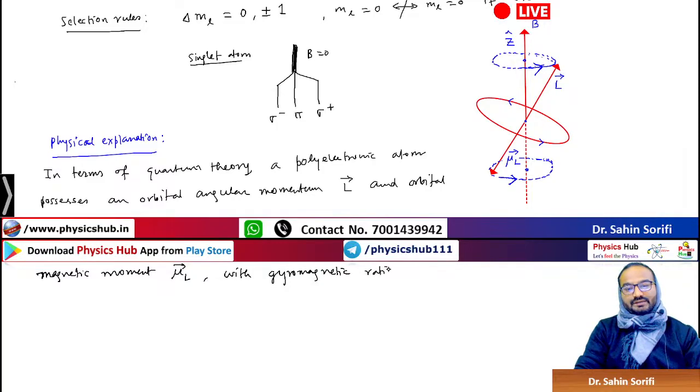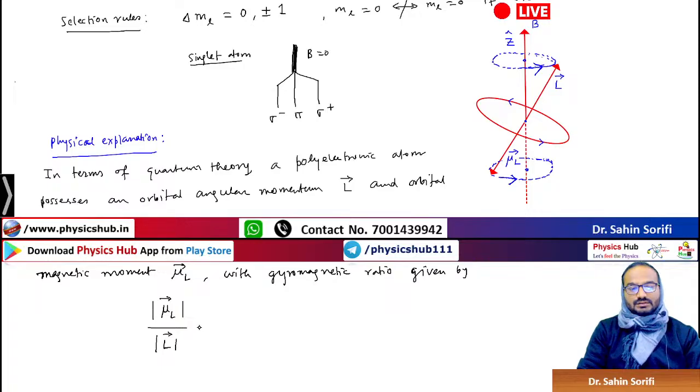We have already derived it. Gyromagnetic ratio, do you remember? It is the ratio of the magnetic dipole moment and the angular momentum.